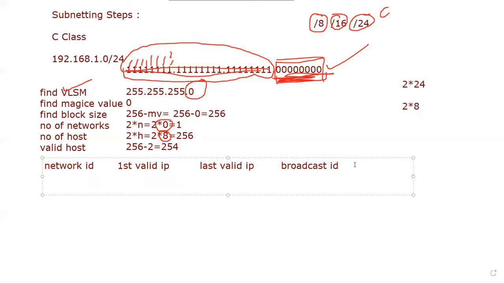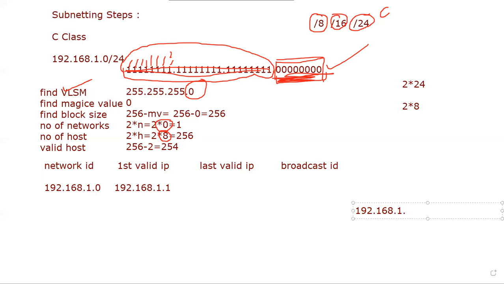So my network ID is by default 192.168.1.0. Now, first valid IP is 192.168.1.1, because this is the fixed part, 192.168.1. In our C class, we have discussed 192.168.1 dot any IP, with 255.255.255.0.